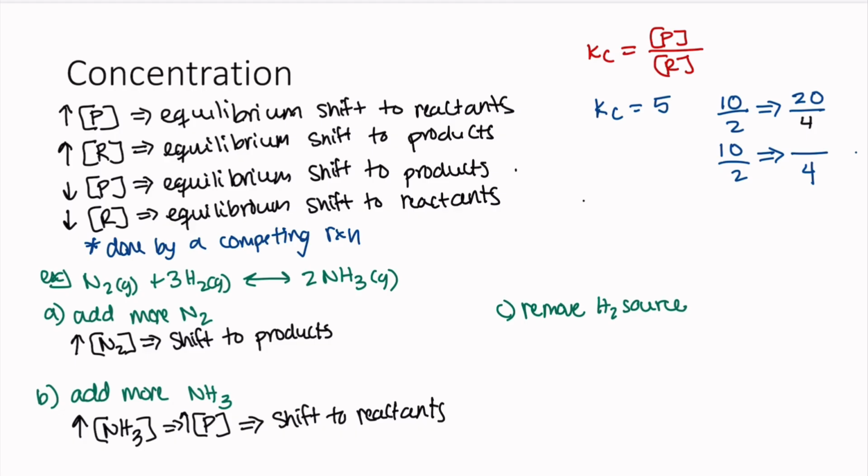If we remove the hydrogen source, that means we are decreasing the concentration of hydrogen, which means we are decreasing the concentration of our reactants. If we decrease the concentration of reactants, then we should see a shift to the reactants.